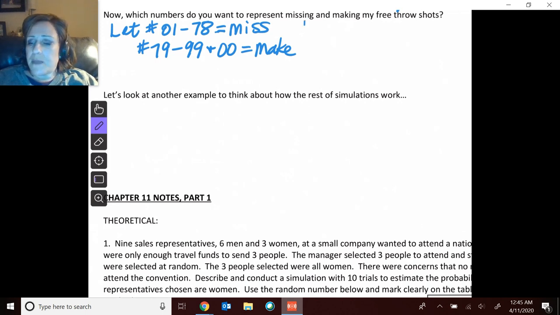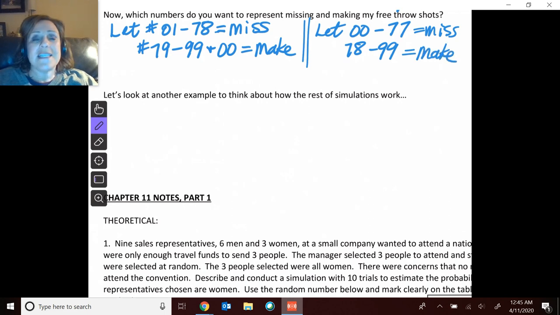Now, some people might want to do it differently. Some people could say, let 00 to 77 equal a miss, and then 78 to 99 is a make. Doesn't matter.